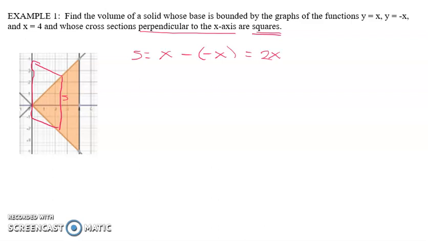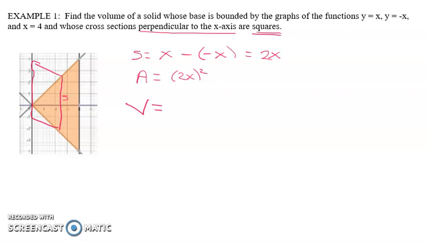Well, we know that the area of a square is going to be the side of it squared. So we're going to have 2x squared. To find the volume of this square that's projecting off the page, we need its area, which we just found, and then we also need the width of it.